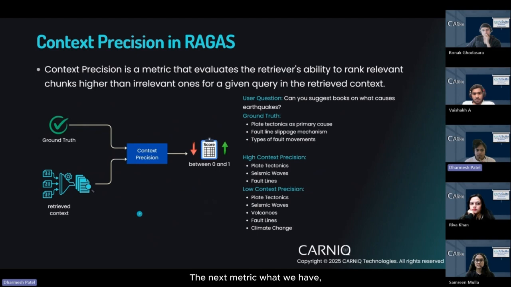The next metrics: those two metrics were for generation. Now comes the retrieval part, how to evaluate the retrieval. The first metric there is context precision in Ragas. Context precision is the metric that evaluates the retriever's ability to rank the relevant chunks higher than the irrelevant ones for the given queries, and then it provides you the score.